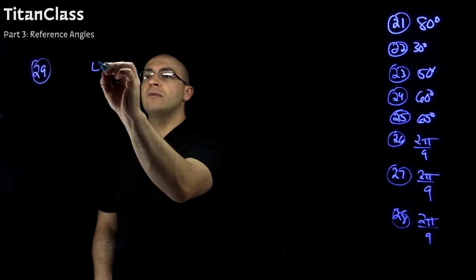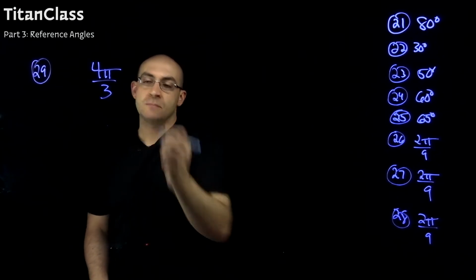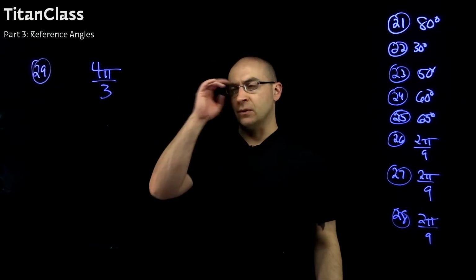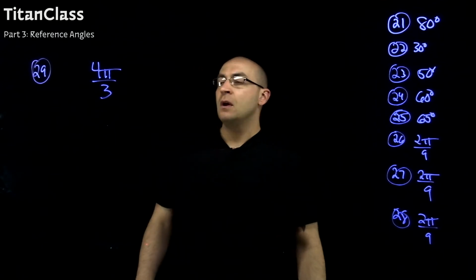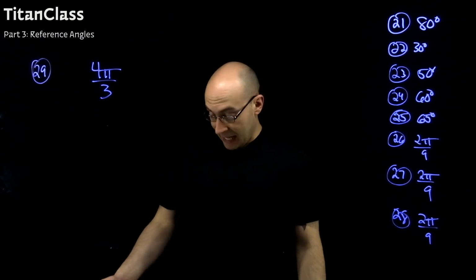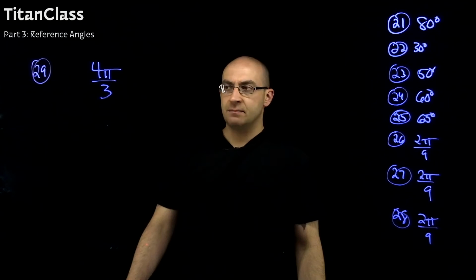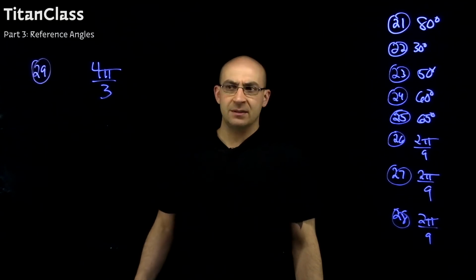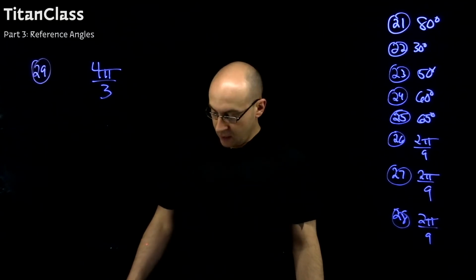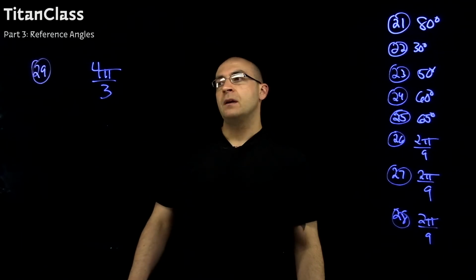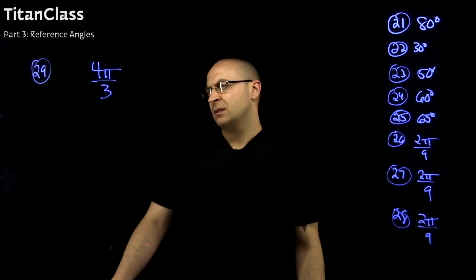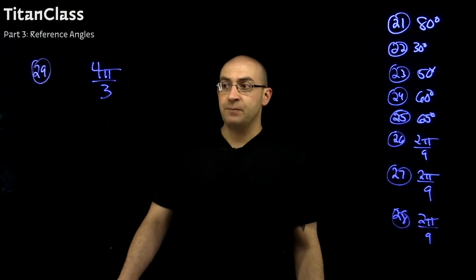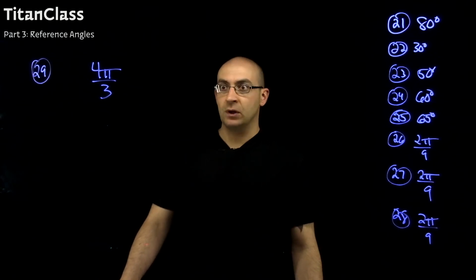Okay, 4 pi over 3. Again, a measurement on the unit circle that you probably should know the degree measurement of. Now, 4 pi over 3 is certainly not 1 full revolution. It's in quadrant 3, so it's less than 270. So with 4 pi over 3, I'm trying to get to 3 pi over 3, because 3 pi over 3 is 180 degrees.